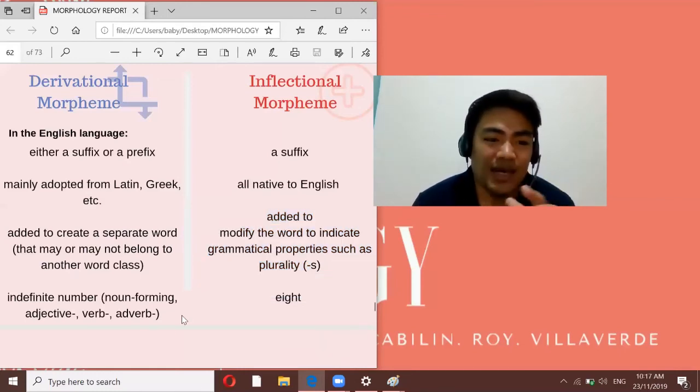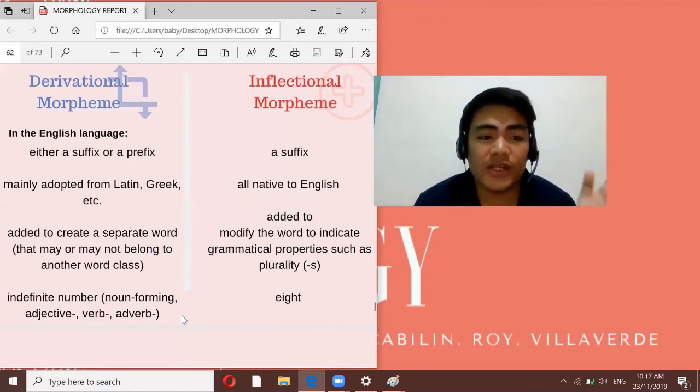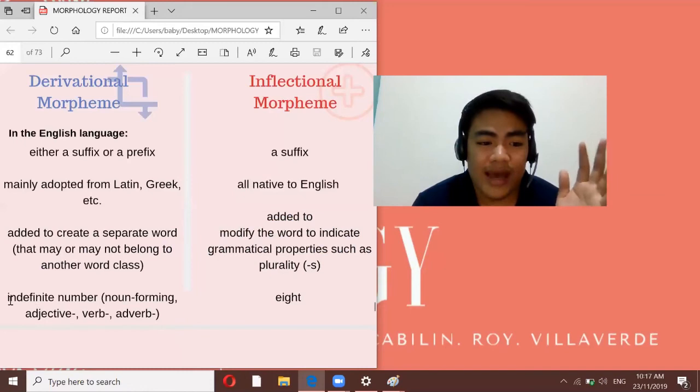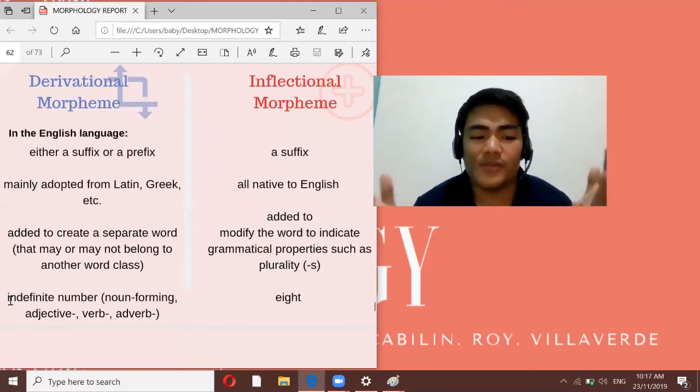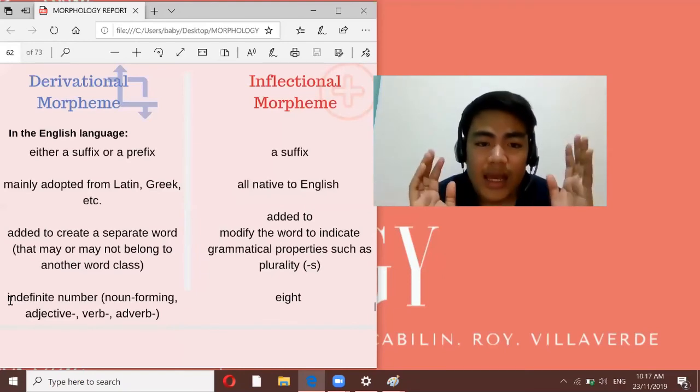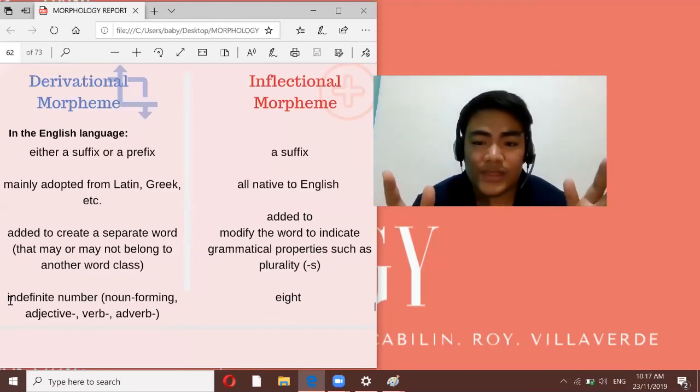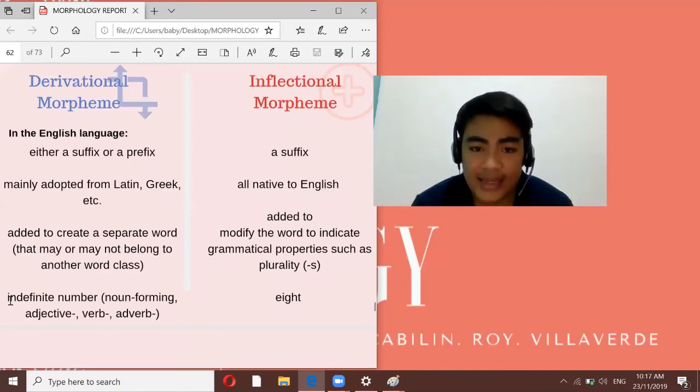This is the last thing about derivational morphemes and inflectional morphemes. Derivational morphemes have an indefinite number. There are many noun-forming morphemes, adjective-forming morphemes, verb-forming morphemes, while inflectional morphemes only have 8 in the English language.